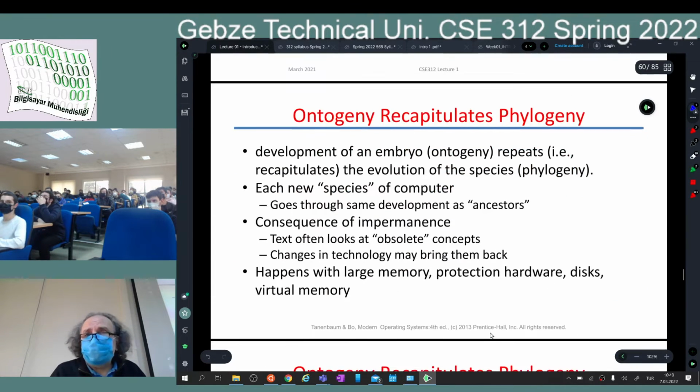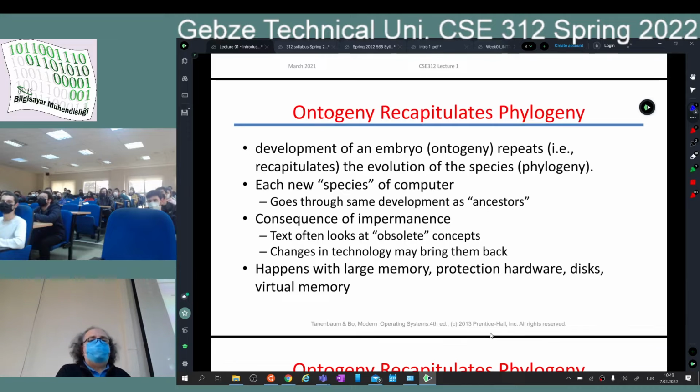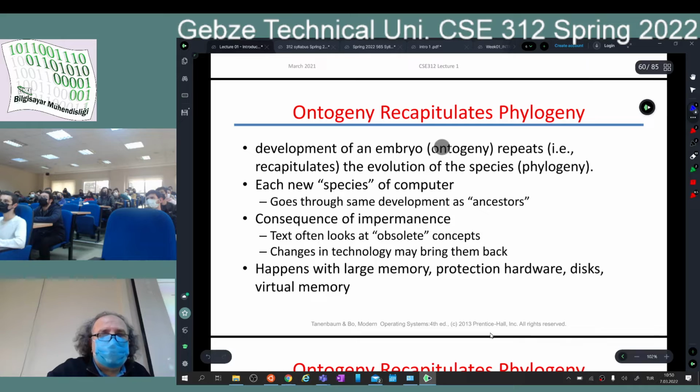Okay, so there is a concept in biology, a term, a phrase that they often use. In biology they say, I don't know about this, it just says in the book, ontogeny recapitulates phylogeny. Ontogeny is the embryo, okay? Phylogeny is the species.